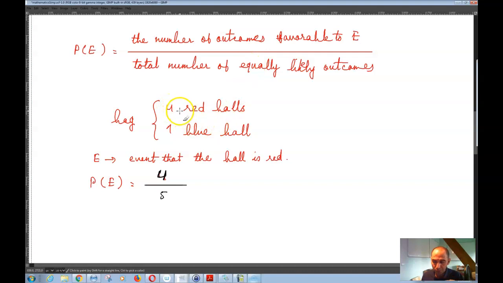Drawing a ball from the bag can be thought of as having equally likely outcomes, because you are equally likely to draw any ball from that bag.